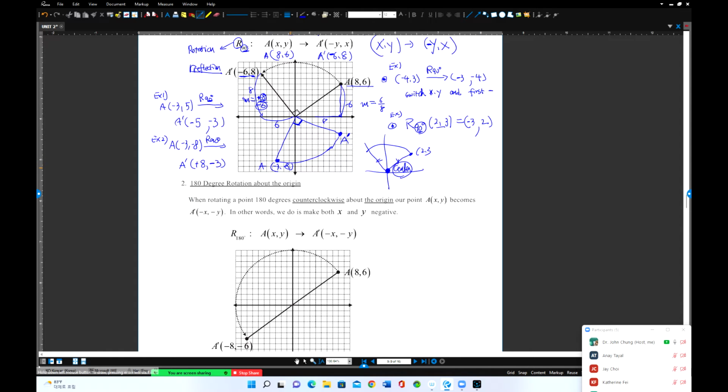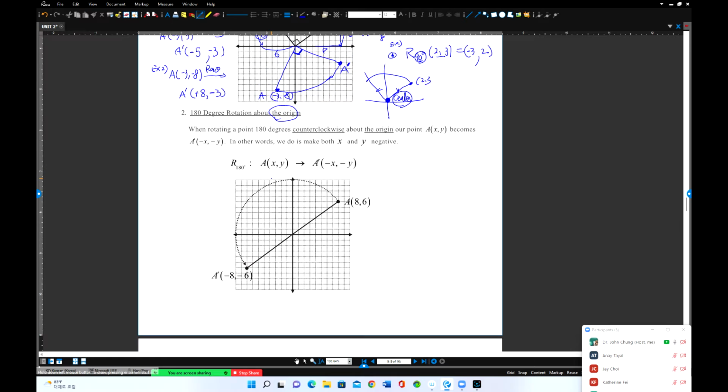The next one, special angle: 180 degree rotations about the origin. Now let's find (8, 6) rotated 180. Opposite way, same distance. 8 changes to negative 8. No switch. 180, no switch.